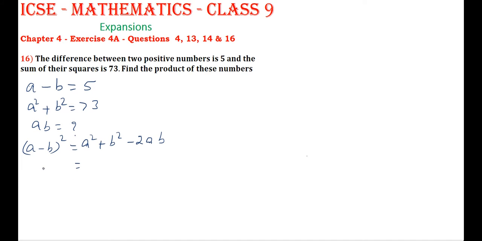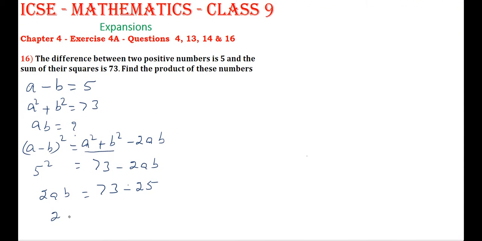So we can apply the values. a minus b is 5, the difference is 5, so 5 square equal to the sum of their squares, a square plus b square, which is given, so it's 73 minus 2ab. So now 2ab we can take to this side, it's 2ab equal to 73, and 5 square, 25, will come to the right hand side, so minus 25.